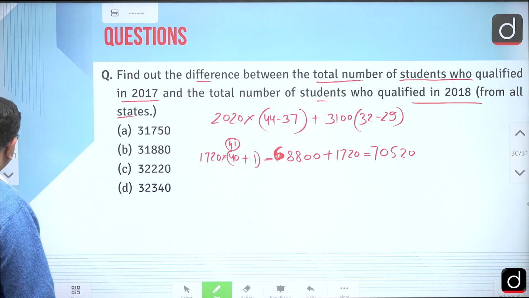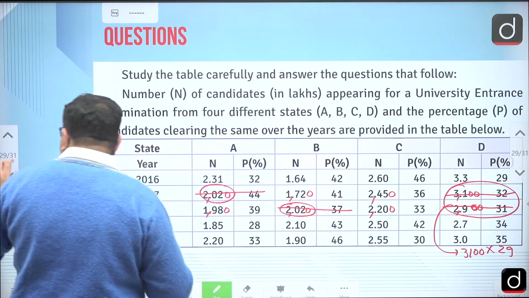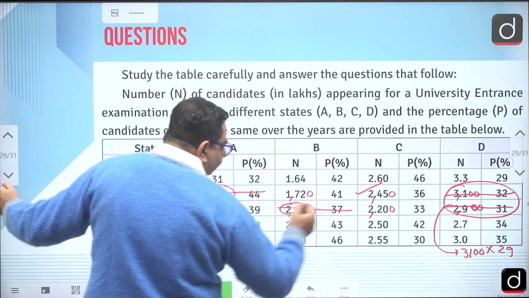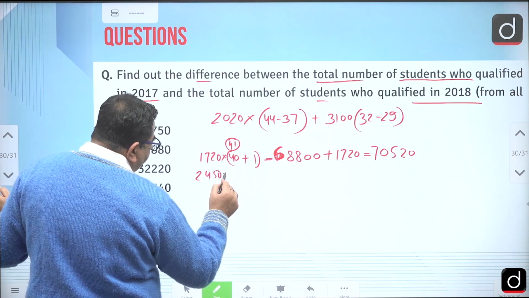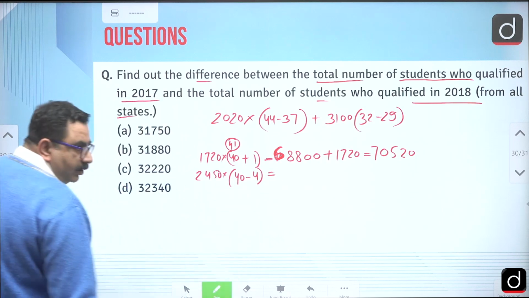70,520, right. Let's calculate another number here, 2450 into 36. Now 36 again, can I write 40 minus 4, right.